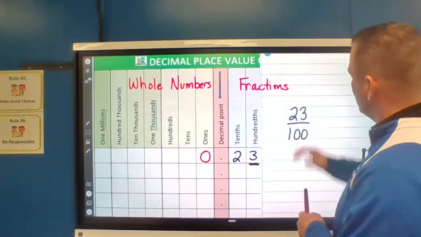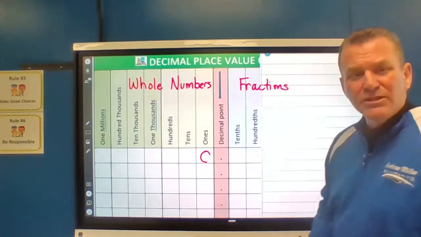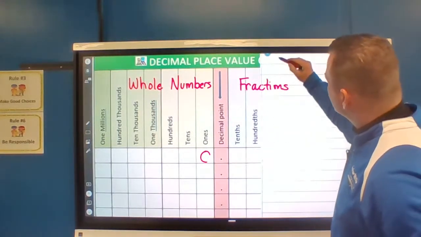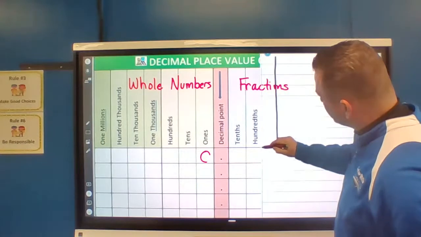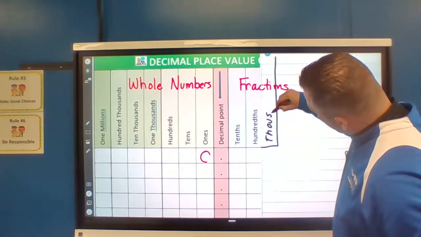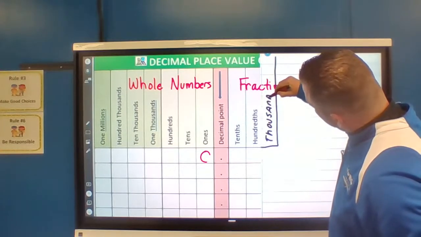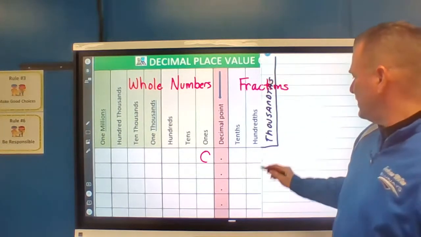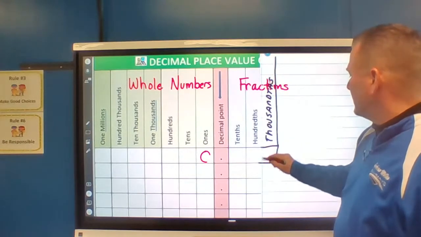So you can see how they look the same. Now, you should all know, and we're not really dealing with this in 4th grade, but the next column is my thousandths. My thousandths place. Okay?